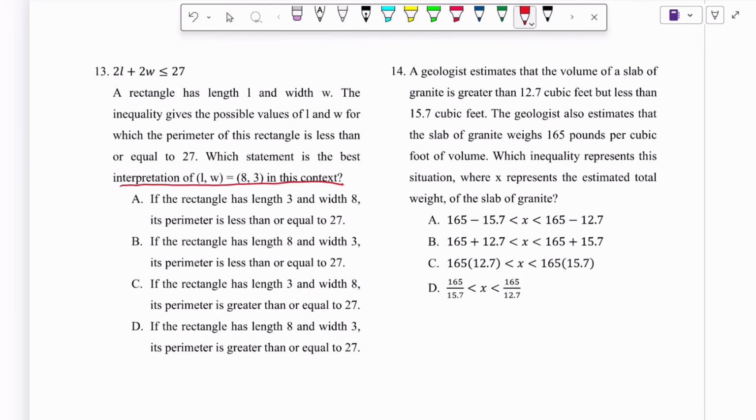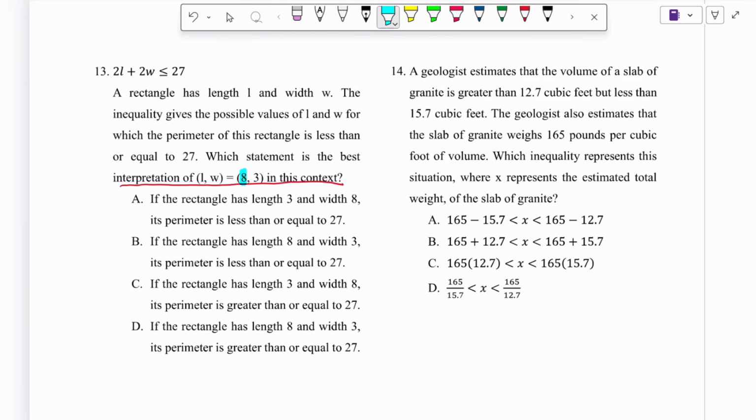If the rectangle has a length of 3 and a width of 8, its perimeter is less than or equal to 27. Okay, so if I take a look there and do this, 2 times 3 is 6, 6 plus 8, okay, that works. Okay, moving on, if the rectangle has a length of 8, did you catch the mistake?